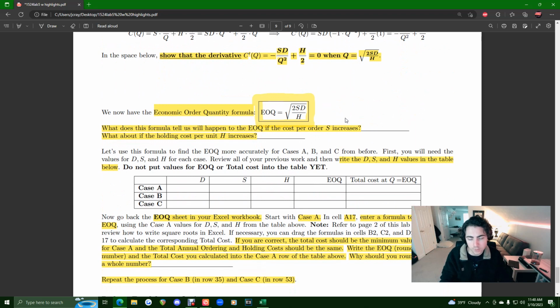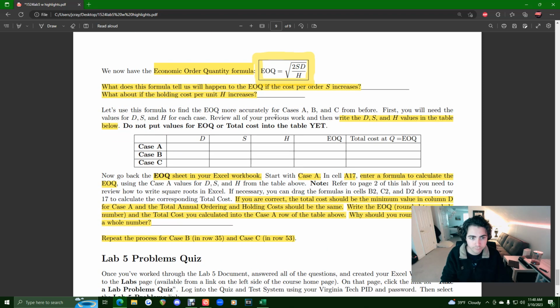What does this formula tell us will happen to the EOQ if the cost per order S increases? Looking at this equation for the EOQ, if S increases, S is in the numerator, so the quantity should increase. If H increases and H is in the denominator, then the EOQ should decrease.